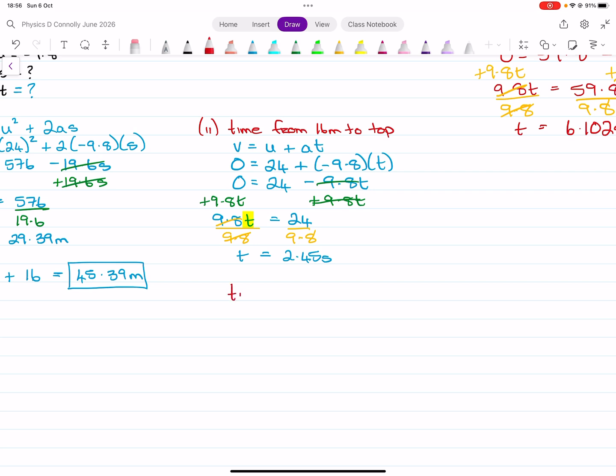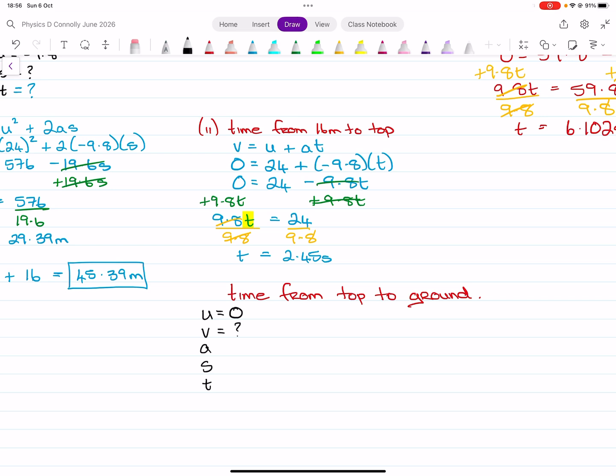And then if we do the time from the top to the ground. Now I think we need a new UVAST here, right? So UVAST. It's going to start at 0 because at the greatest height it was at 0. We're not going to know the velocity.